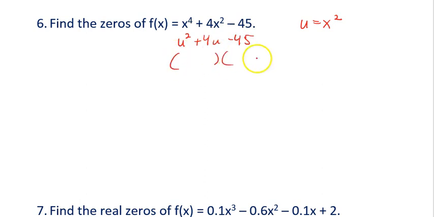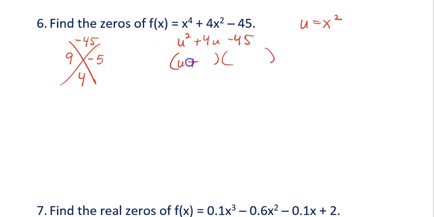And then I'm going to factor into 2 parentheses, and I'm going to come over here and do my x factor. 1 times negative 45 is negative 45, and then I have the 4 from here that goes down here, and I'm asking myself what's going to multiply to give me 45 and combine to give me 4? 9 and 5, definitely, but I need to multiply to get a negative. So one of these has to be negative, and I need the 4 to end up being positive. So that has to be the 5 that's negative.